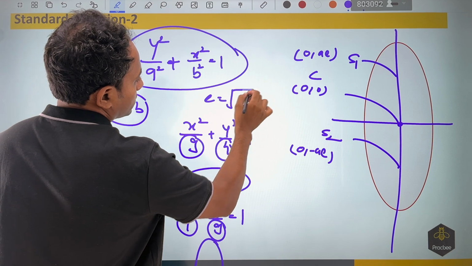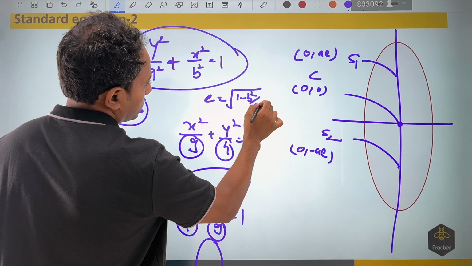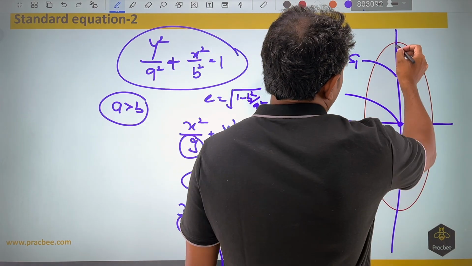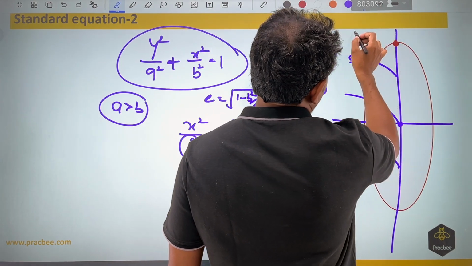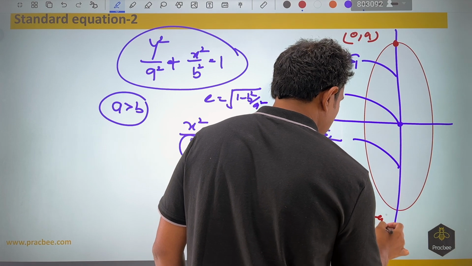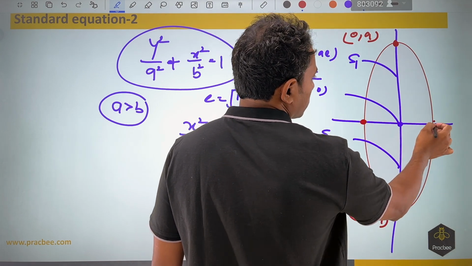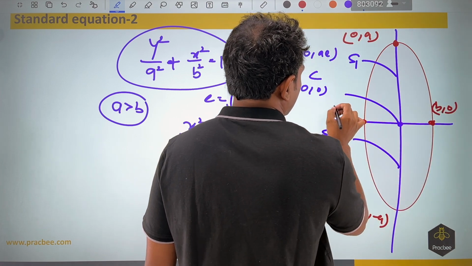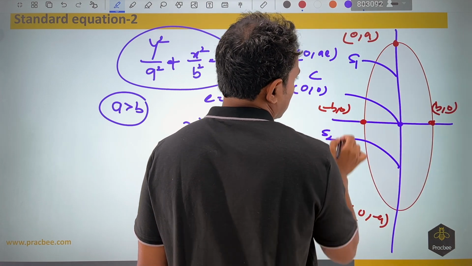Eccentricity will still remain as root of 1 minus b square by a square. Next part would be nothing but the vertices. If you figure out vertices, it is going to be again 0, a and 0, minus a. These extremities will also not change. This is b, 0 and minus b, 0.